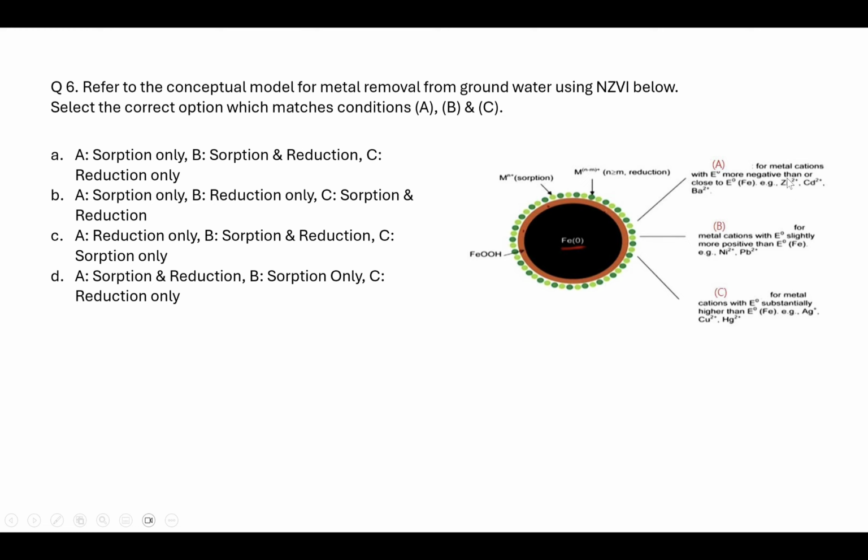So we cannot remove zinc and cadmium metals with redox reaction. So here the only mechanism possible can be sorption. So A will be sorption.